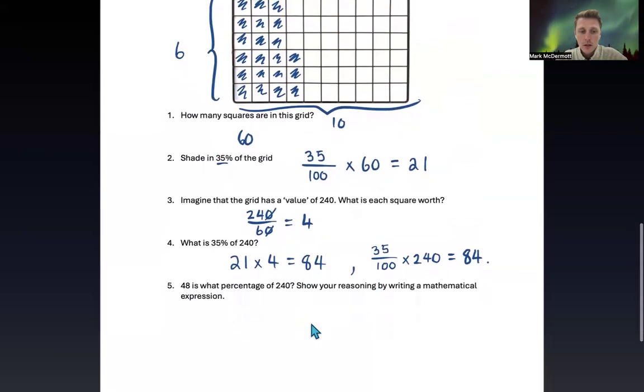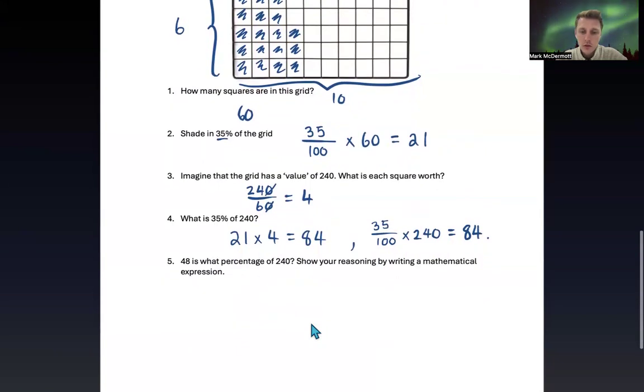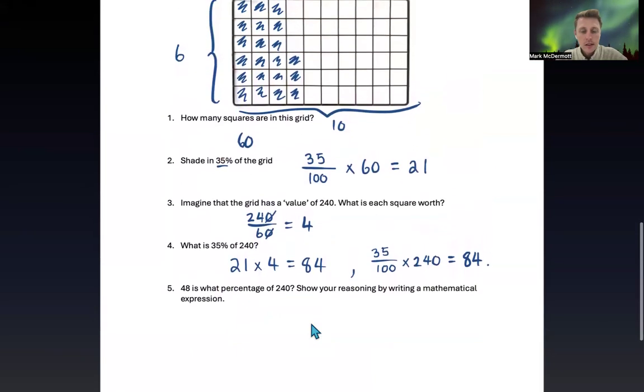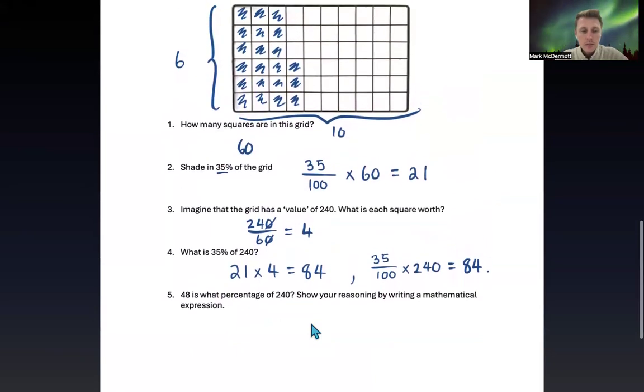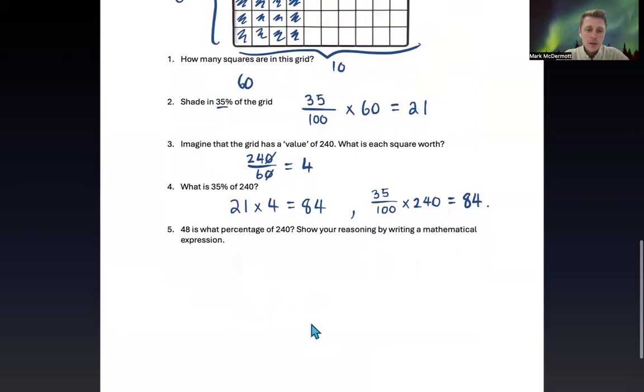Okay, let's try this last part. 48 is what percentage of 240? Show your reasoning by writing a mathematical expression. So now we have a question where it says 48 is what percentage of 240? So let's do the standard way here. We're going to say that 48 is part of a larger whole.